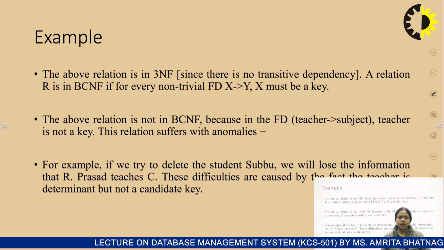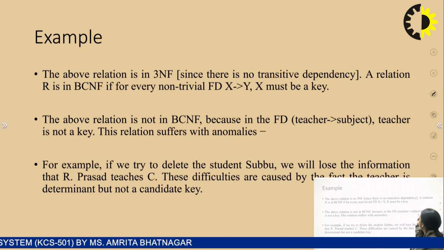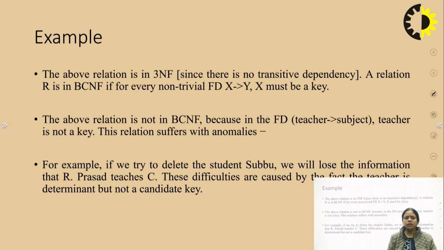A relation R is in the BCNF if for every non-trivial functional dependency X to Y, X must be a key. The above relation is not in the BCNF because in the functional dependency teacher to subject, teacher is not a key. This relation suffers from anomalies. So we will try to convert it into the BCNF.